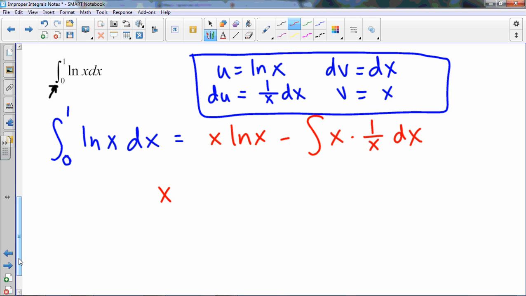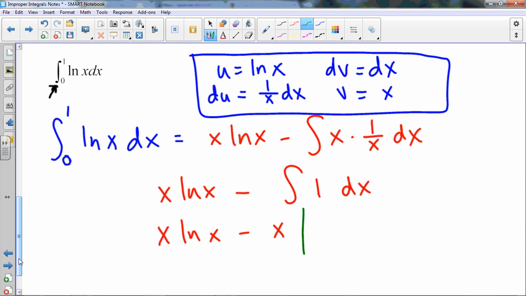We get x ln x minus, that's really just integrating 1. Integral of 1 is x. Okay, notice I completely ignored the bounds throughout this entire process. I tend to do that because it's easier just to stick them back on in the end. So now I go ahead and plug them in.